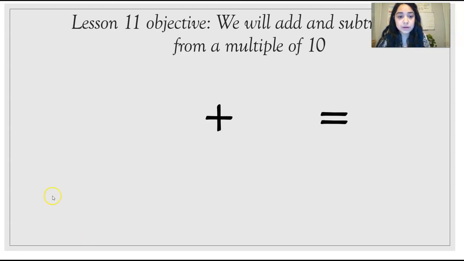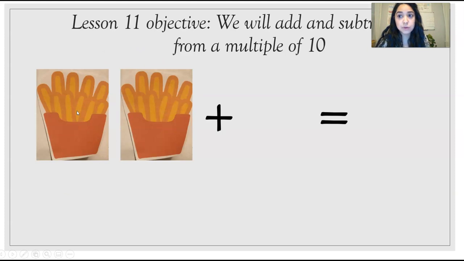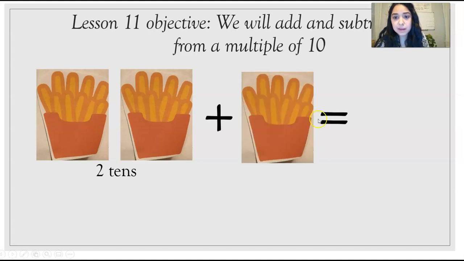So right here, we have a group of 10 right here. Ooh, another group of 10, and then we're going to be adding it. So it means we're putting these together. So right here I have 2 10s. There we go. And then I have 1 10.